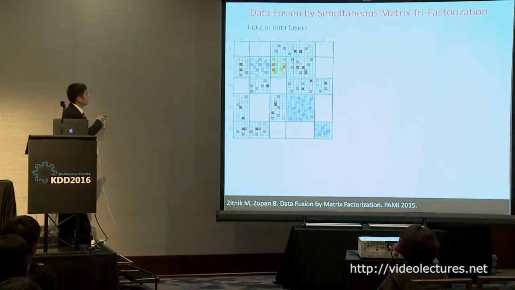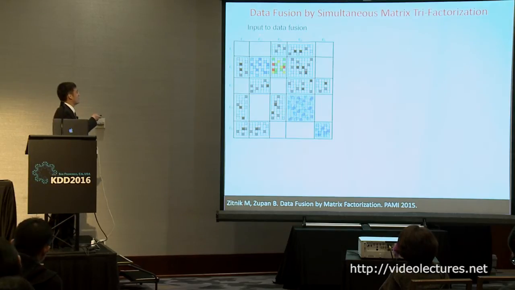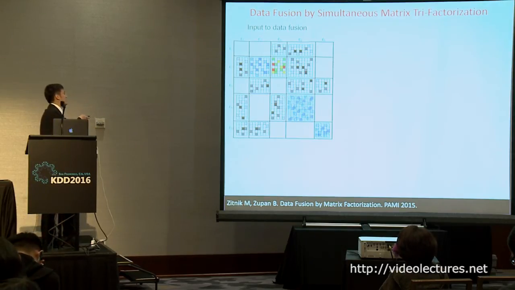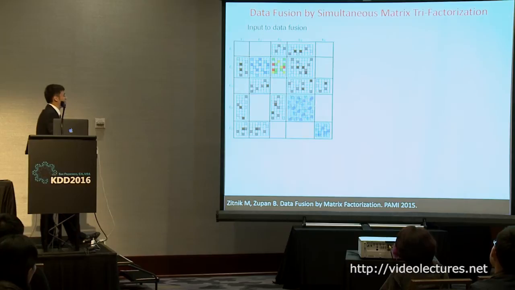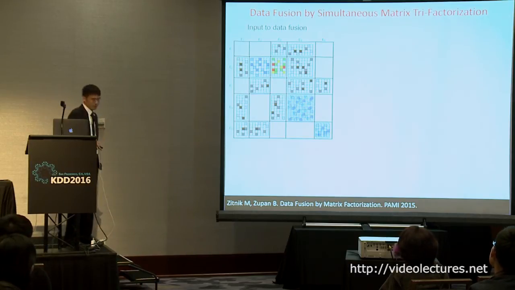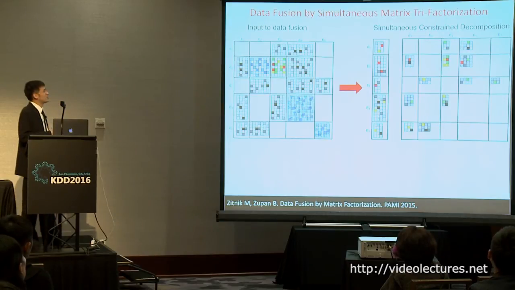Also, in the same domain, they also have links. Like the members of epsilon 2 have some similarity-based relations. And epsilon 4 also has multiple resources to encode these objects, right? So what they propose is simultaneous constrained decomposition.